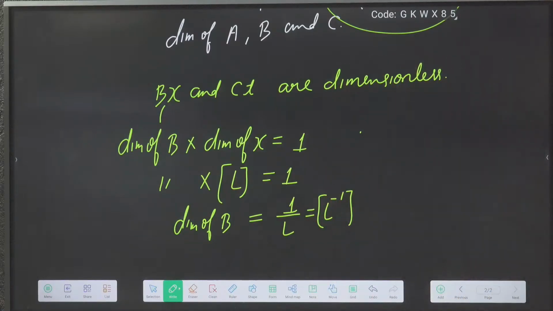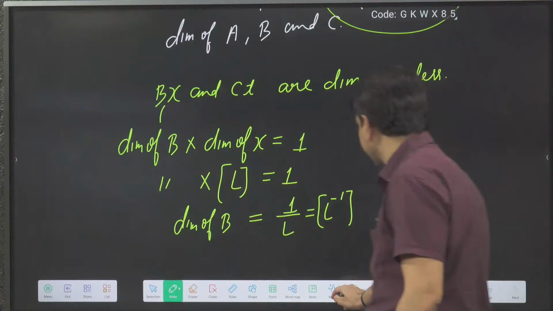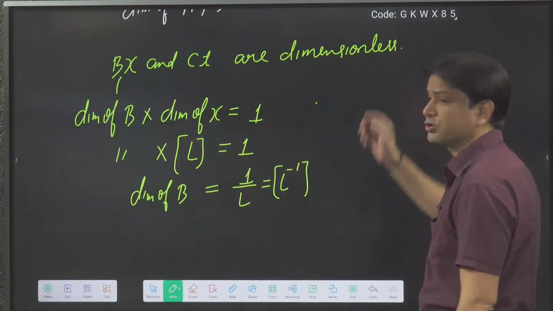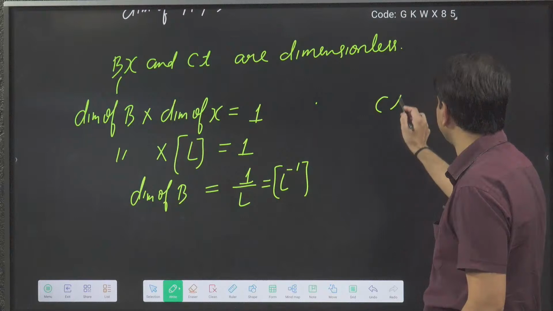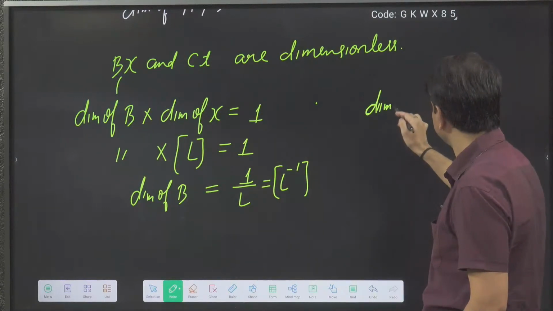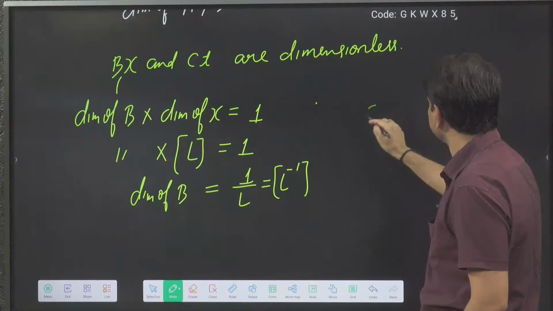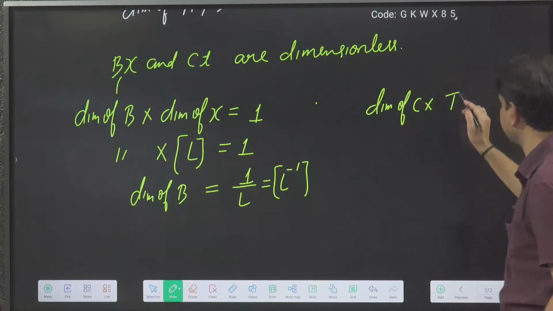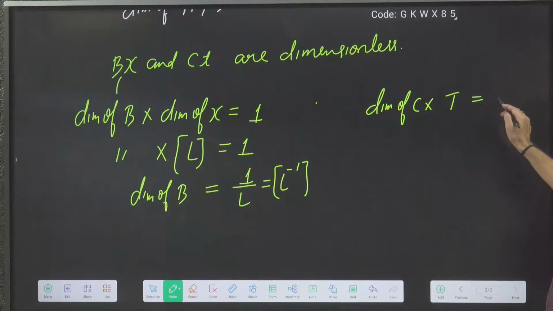Similarly for CT: CT is also dimensionless, so dimension of C into dimension of T equals 1.